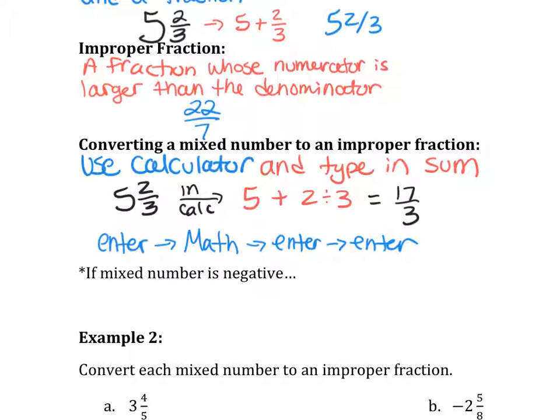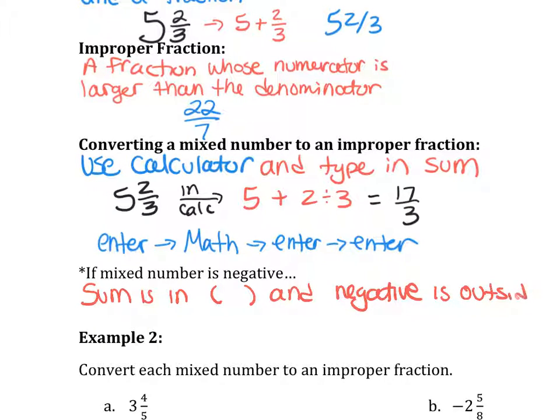Okay. One note here, if we have a negative mixed number, you have to put the sum in parentheses with the negative on the outside. So the sum is in parentheses and negative is outside.